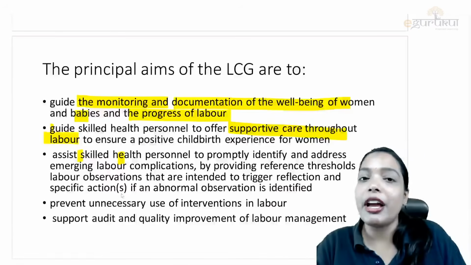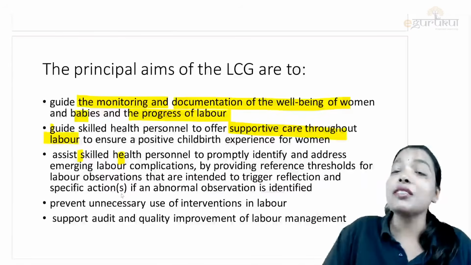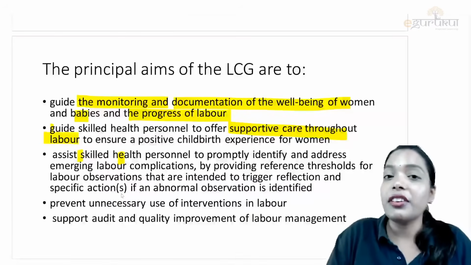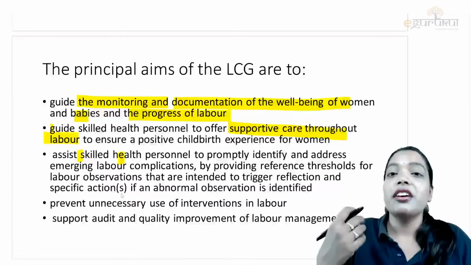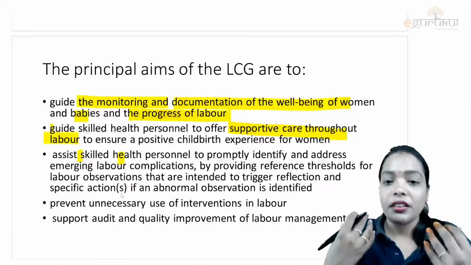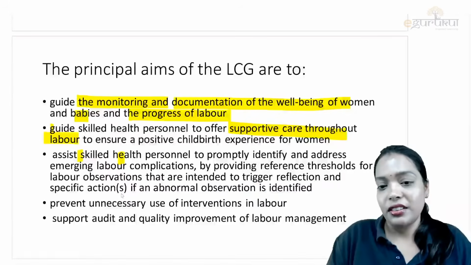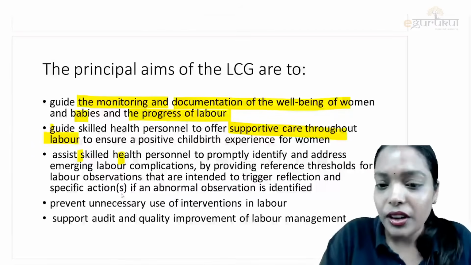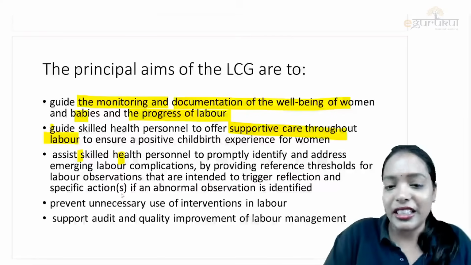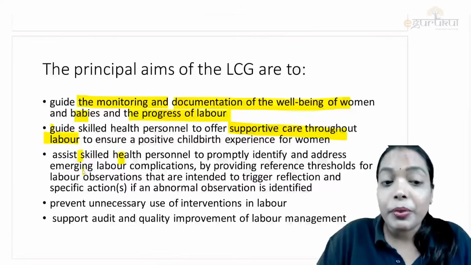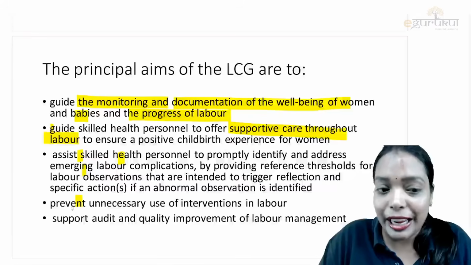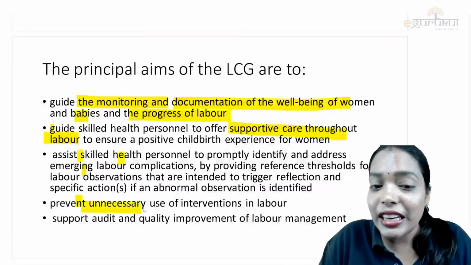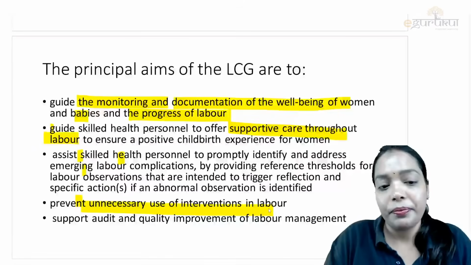So this is going to help us to identify as well as to address whatever the alerts or the triggers are, or when it is going beyond the reference threshold. So we identify it and we address it. Next, this is mainly aiming to prevent unnecessary interventions during the labor.